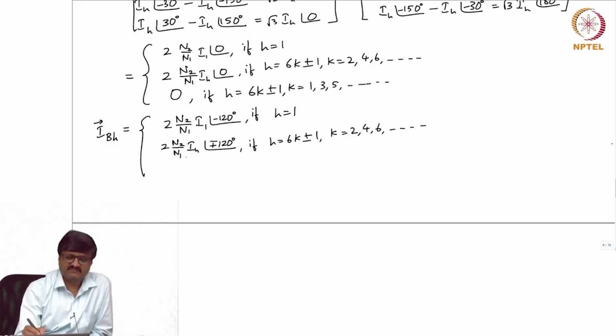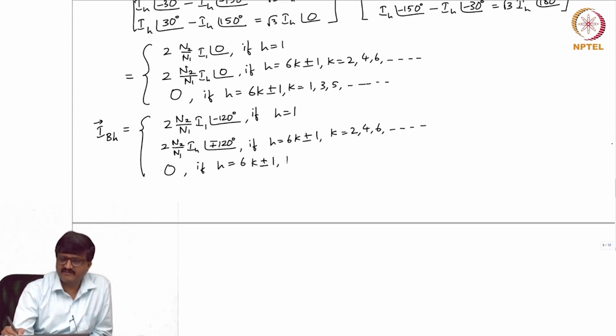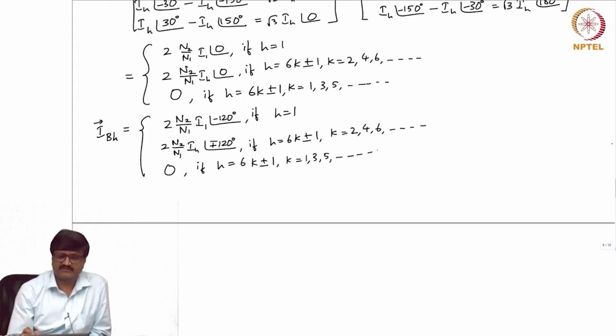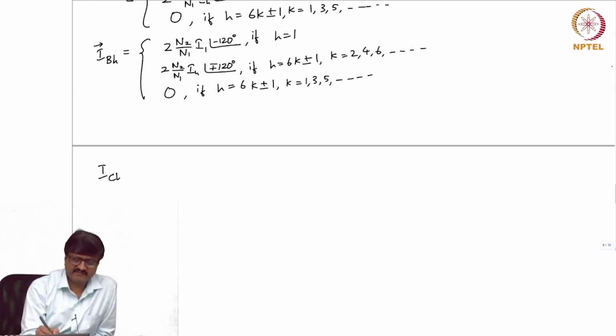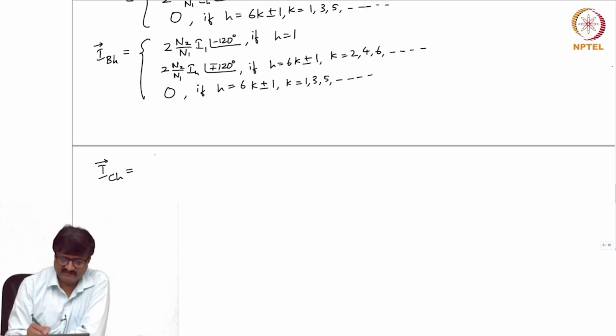Of course, when k is odd you get 0, which is easy to guess. So, if H is equal to 6k plus minus 1 and k is 1, 3, 5, and so on, you get 0. Even for ICH it is not obvious, the phase angle, whenever the harmonic component does not get cancelled. I will leave it to you to verify.